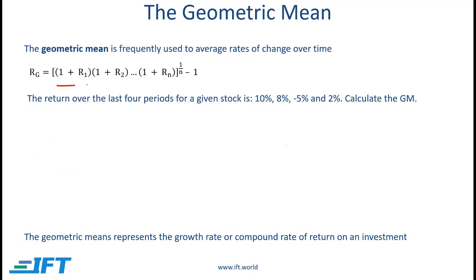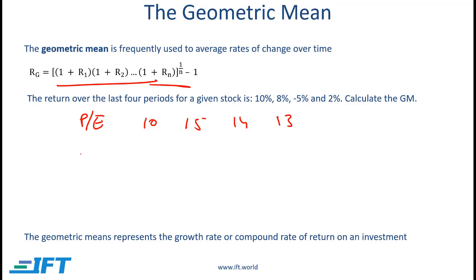Now I've given you this formula and I've shown you how to use this formula. But there is another formula that is less testable, but for completeness, I will share that with you anyway. Let's say you are given a bunch of PE ratios. So for a given stock, let's say the PE ratio has been 10, 15, 14, 13 over the last 4 years, and you are asked to calculate the geometric mean.